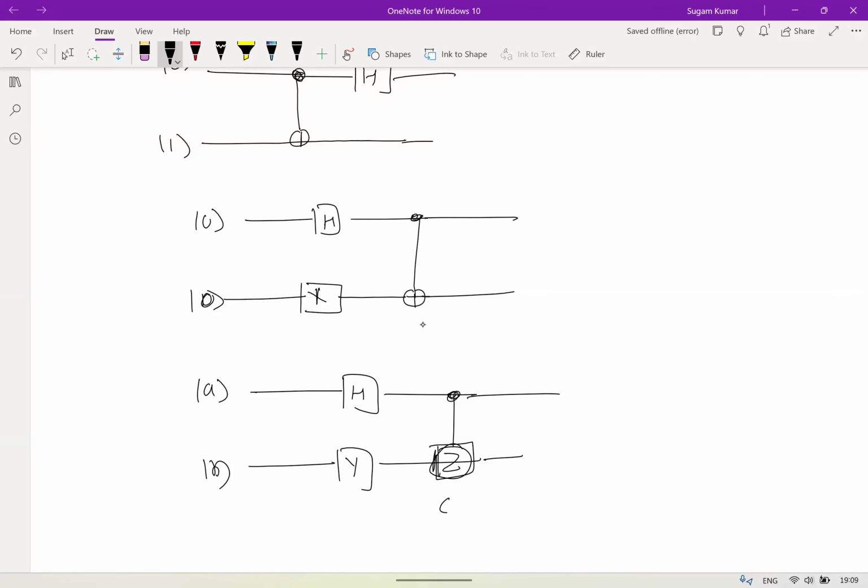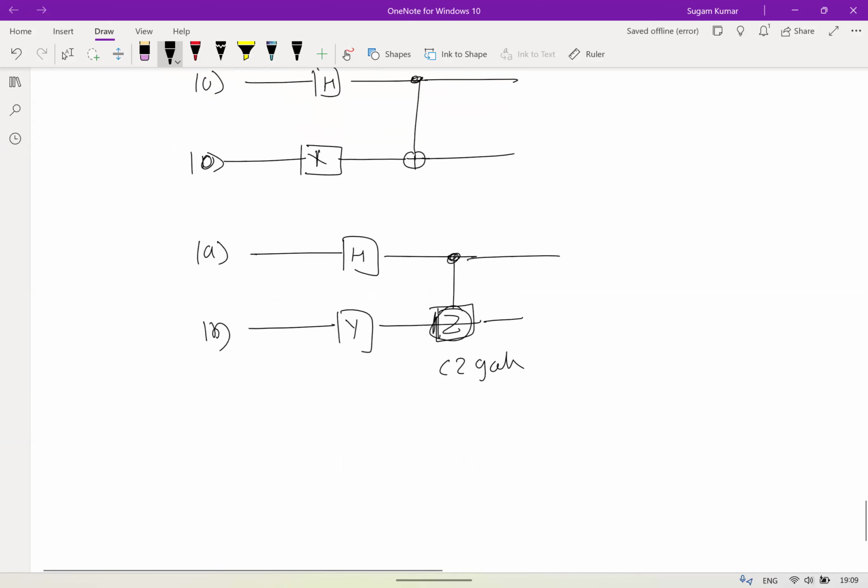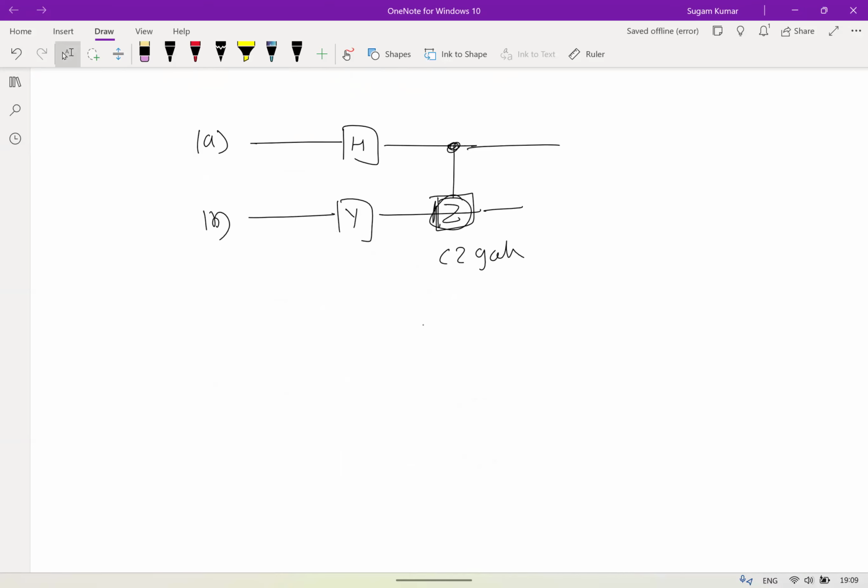That is called CZ gate. Okay, I hope these kinds of practices you will do yourself.